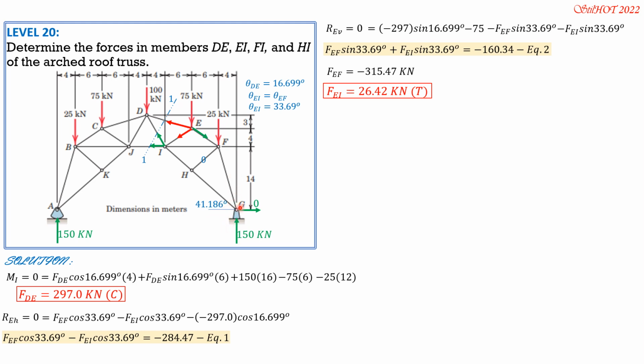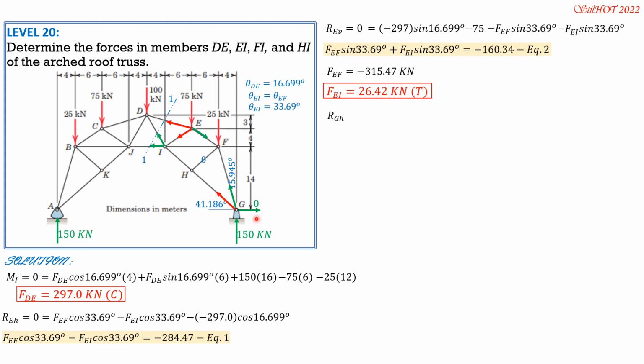While the angle that FG makes with the vertical is arctan of 4 over 14, and that is 15.945 degrees. So at joint G, these are the unknowns, method of joints. I make GH red because it is equal to HI also. Whatever is the force in GH, that's the force in HI, which is required.